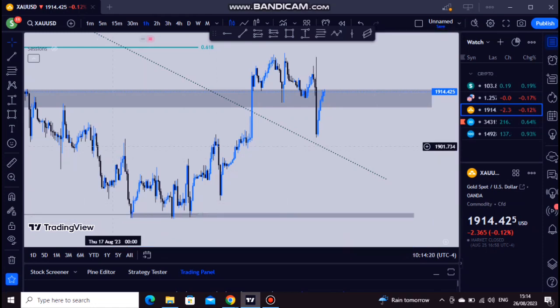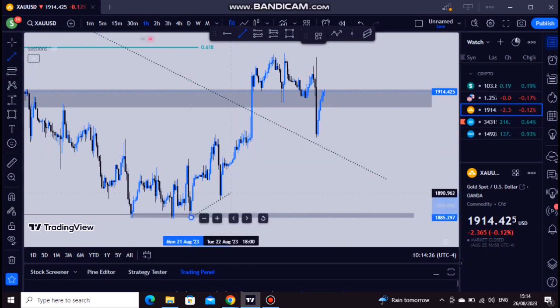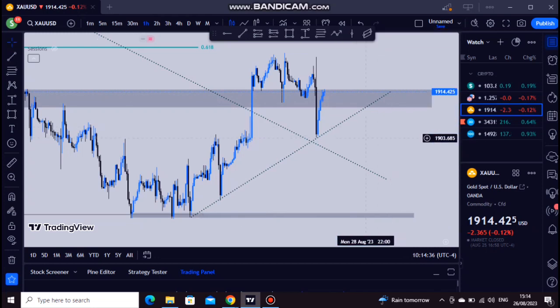Our trend line is going to start from this low to this. Don't force trend line, please. Don't force trend line. I keep on saying this thing. A lot of traders force trend line, and that is why they fail at the end.